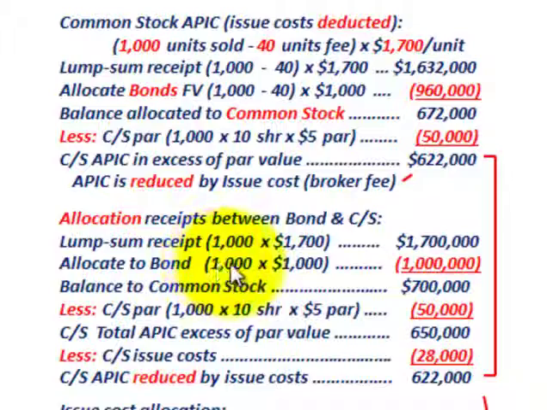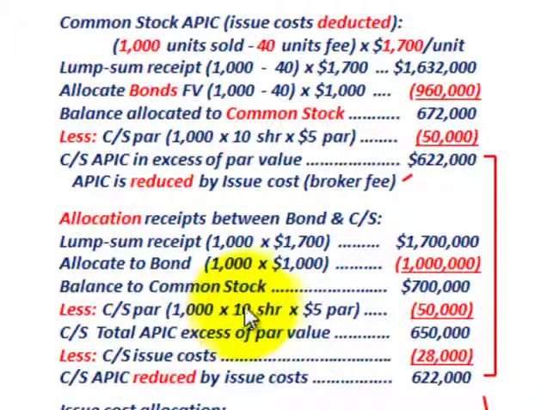Now allocating to the bond, we've got 1,000 units and one bond per unit at $1,000, so there's $1 million accounted for. The balance goes to our common stock, simply the difference between the lump sum receipts of $1,700,000 allocated to the bond at $1 million, so the balance to common stock is $700,000. Now remember, that isn't reduced by the issue costs.